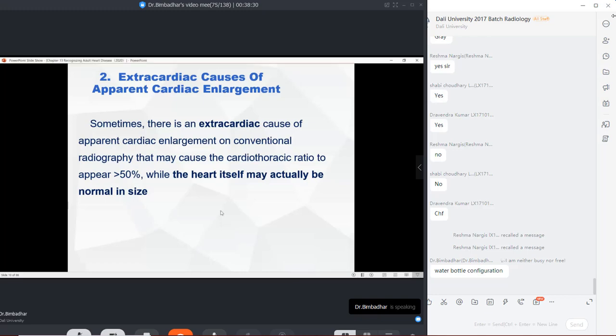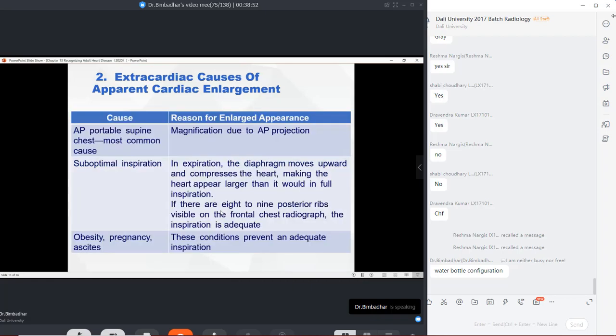Now, how are we going to look for whether there is a cardiac enlargement or not? Remember, we are talking about extracardiac causes that increase the heart size, while the cardiac muscle itself may be normal, so it causes an apparent cardiac enlargement. So how are we going to measure it?